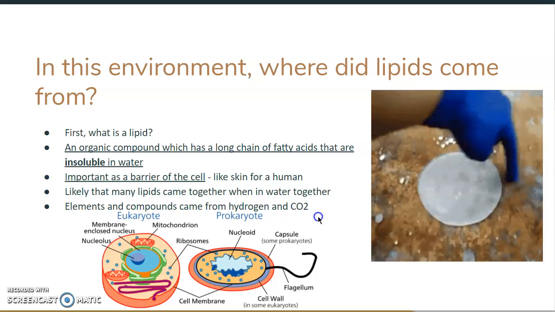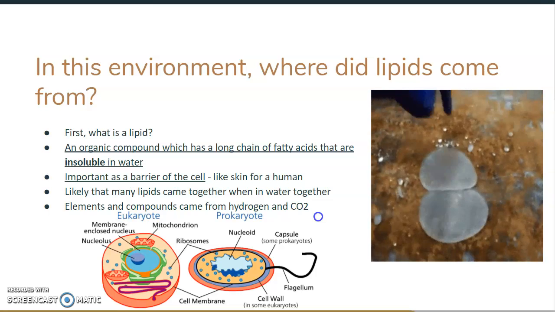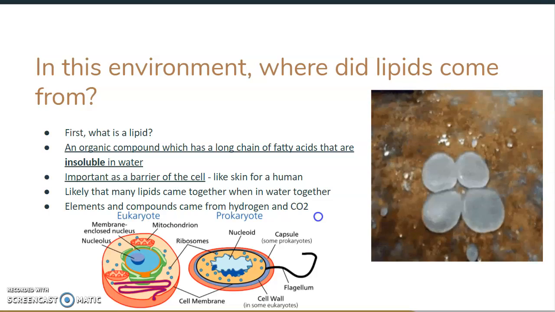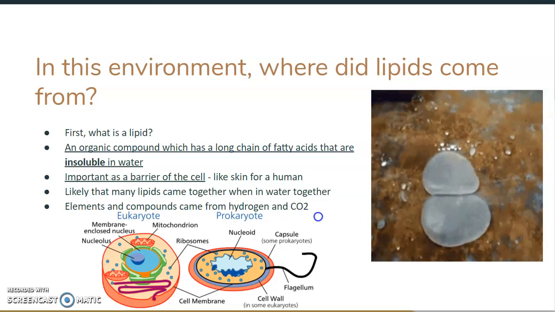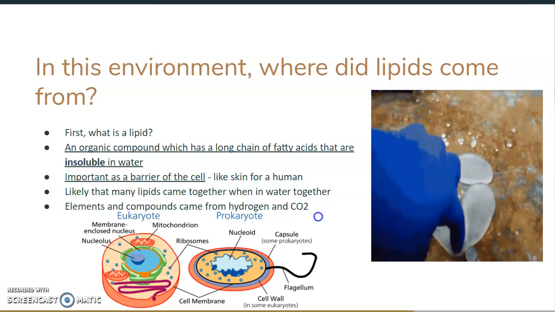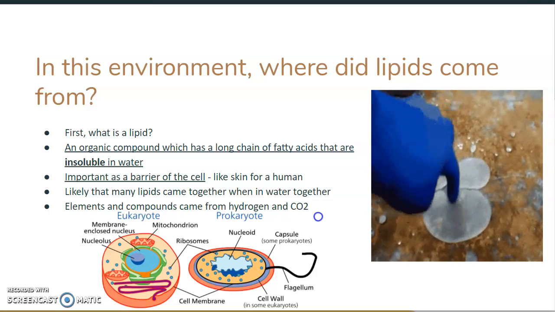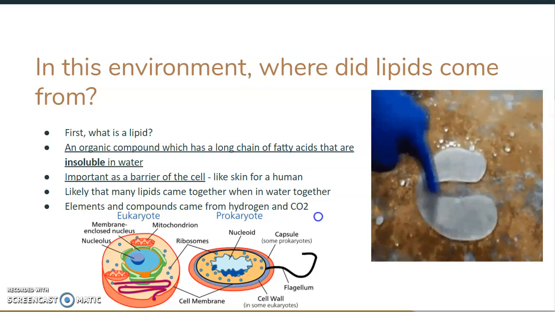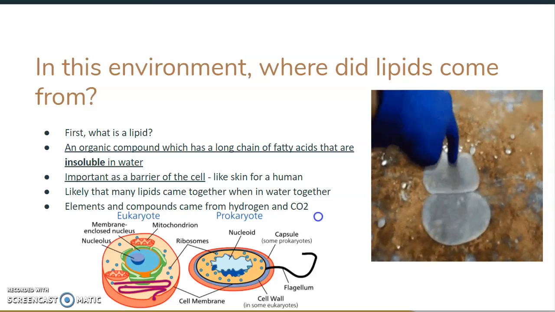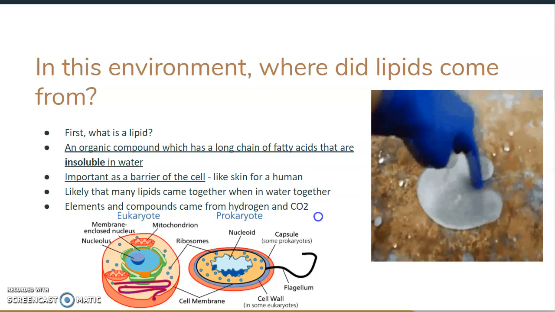And then the last thing is the materials needed to create a lipid likely came from compounds of hydrogen and carbon dioxide, and these elements were likely broken down by being next to very, very hot vents in the ocean.